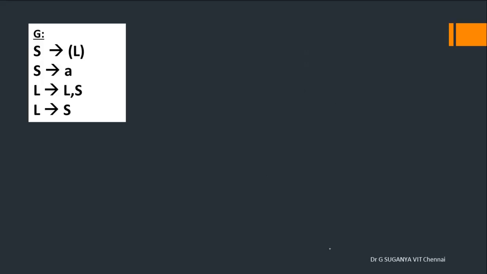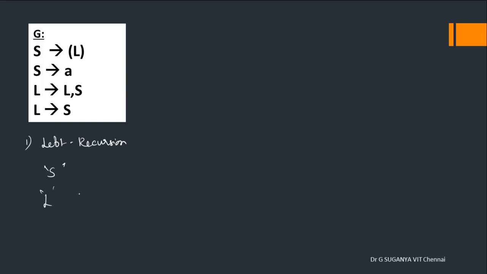The next example, which is more important, just have a look at. Now the elimination of left recursion: check whether there exists left recursion or not. Does the non-terminal S end up with left recursion? As such, it does not, because S has two alternates which both start with terminal symbols.